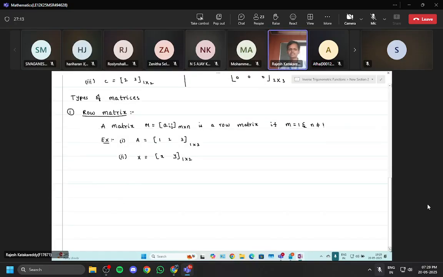After row matrix, we are seeing column matrix, the second one.